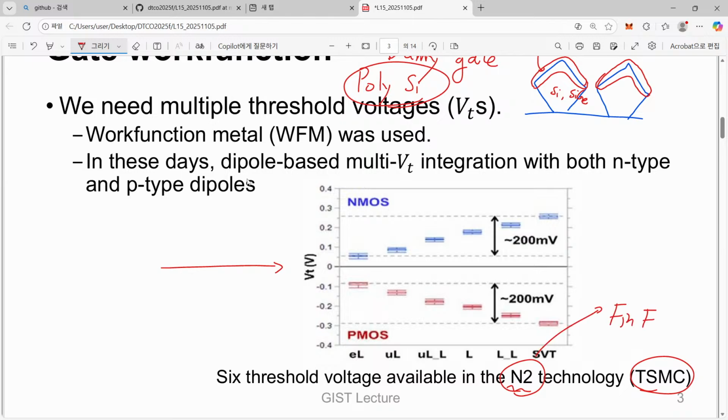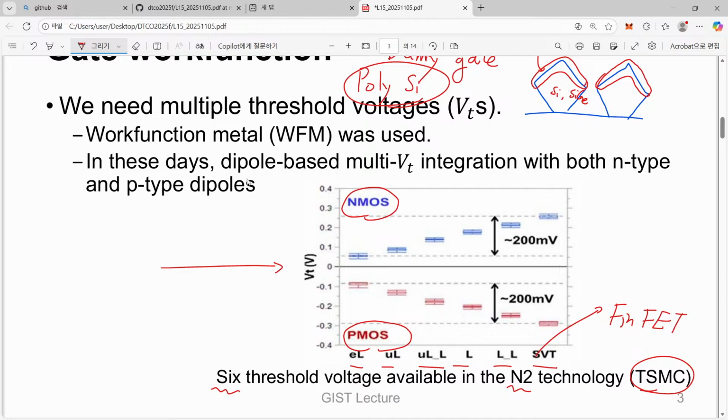This is their first generation of nanosheet MOSFET. However, the important point is that in their implementation, they provide for both NMOSFET and PMOSFET 6 different threshold voltage options for our devices. So you can see certain numbers here.